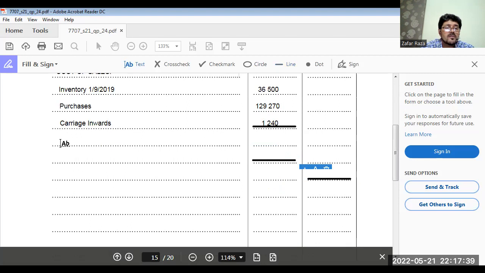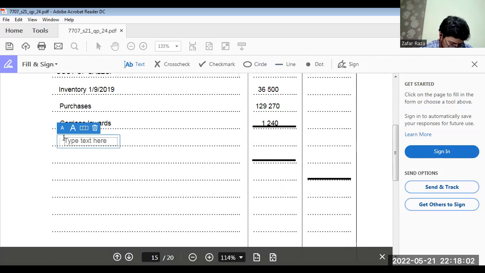Now we call it cost of goods available for sale. 36,500 plus 129,270 plus 1,240.